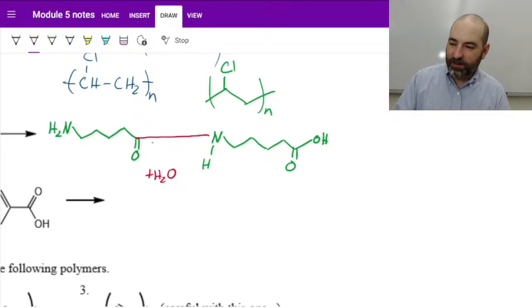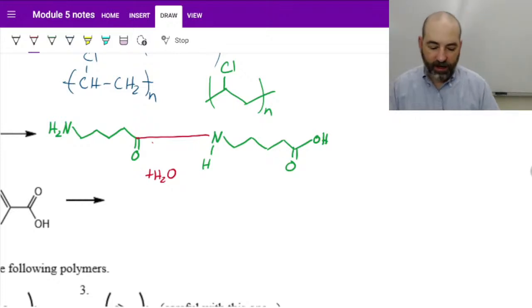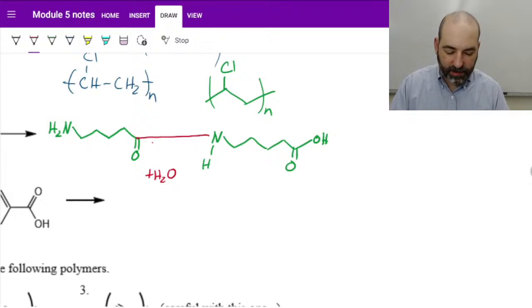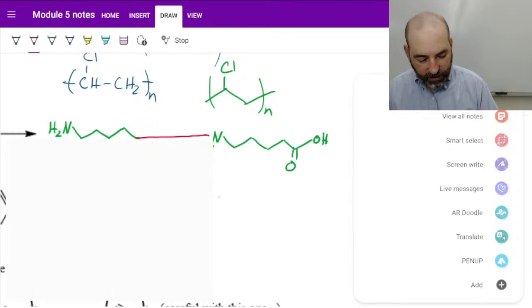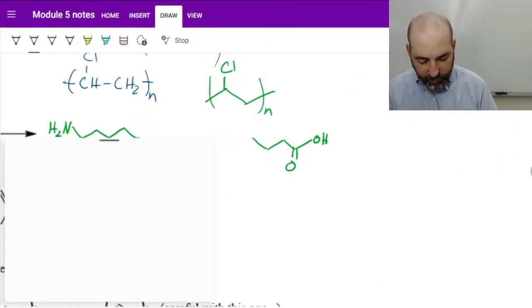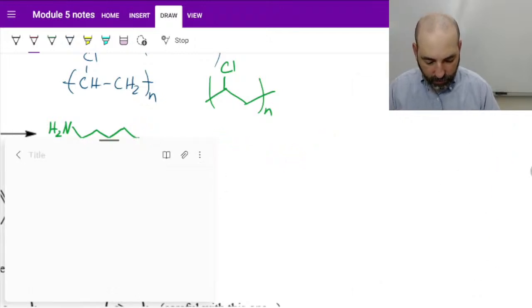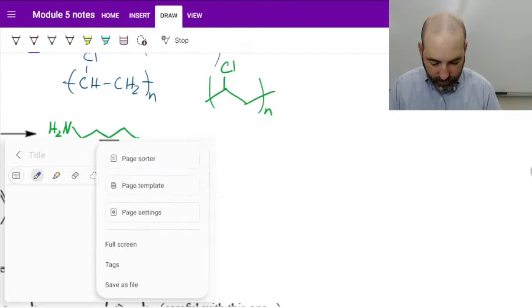So all we really need to do then is just take this one on the right, and move it over a little bit so it's a more consistent type of structure. So I'm going to get rid of this just so I can redo it here.